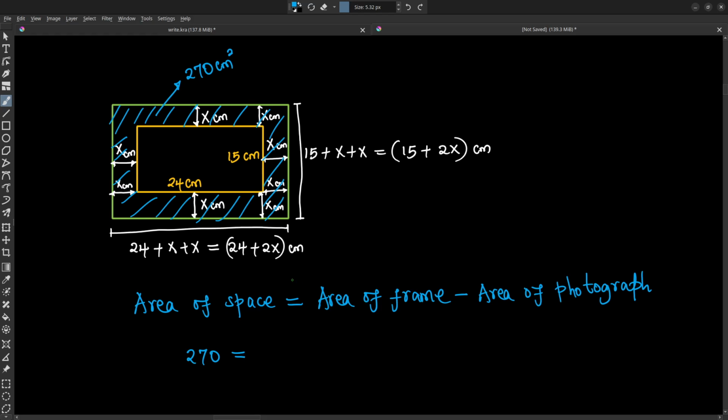It's a rectangle, so we do length times width. The length is 24 plus 2x. What is the width? 15 plus 2x. Minus, what is the area of the photograph? Again, the photograph is a rectangle, so we do length times width, and that's going to be 24 times 15.